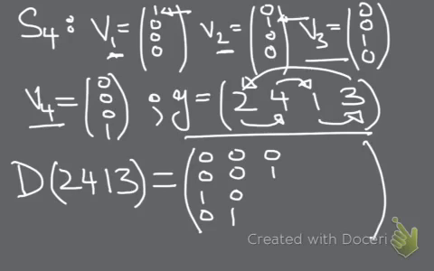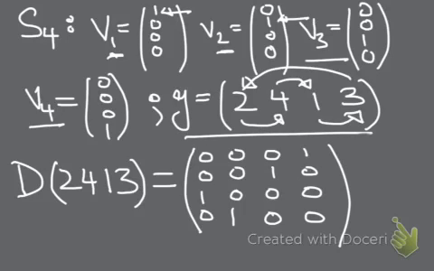So 0, 1, 0, 0. Now for my last column, my object at position number 4 goes to position number 1, so I'll have my non-zero entry at the first row in my fourth column, so 1, 0, 0, 0. And let's write this matrix a bit neatly. Alright, so this is how I wrote the representation of my element of an S4 group, namely the element 2 4 1 3.